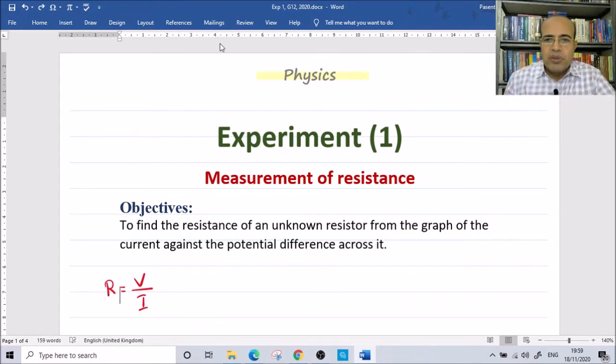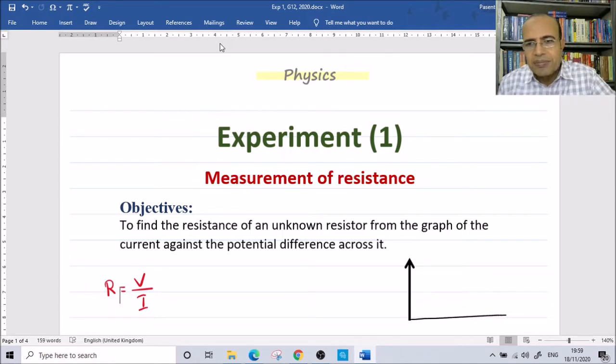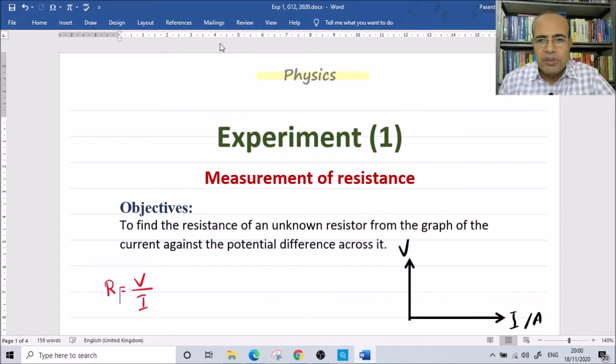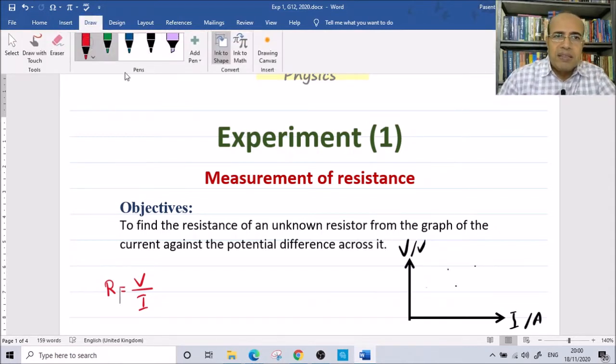If we represent the voltage on the y-axis and the current on the x-axis, so here the current I in ampere, and here the voltage in volt, the potential difference, and we plot the points V and I, we will get a straight line.